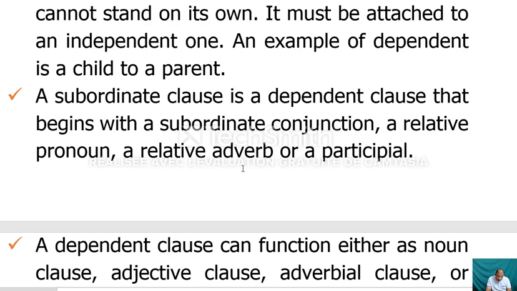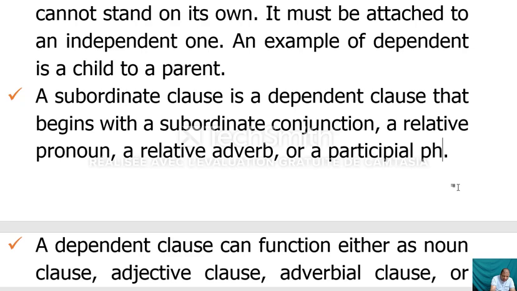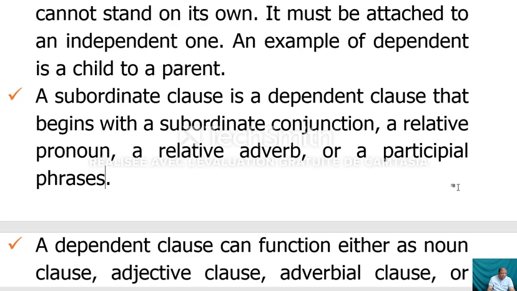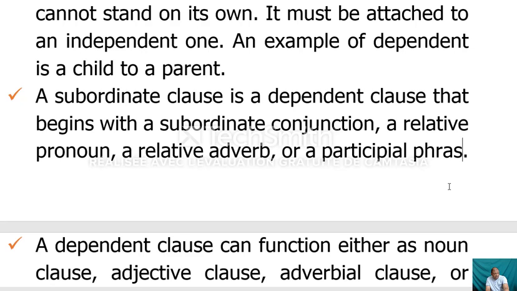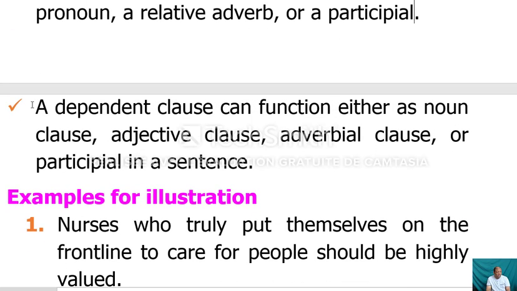Or a relative adverb, the same when we speak about adjective clauses or participial phrases. Okay, so these are the elements that we are going to see, and then we are going to divide the sentence into dependent and independent.